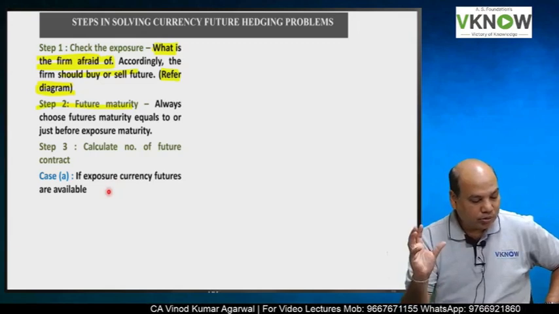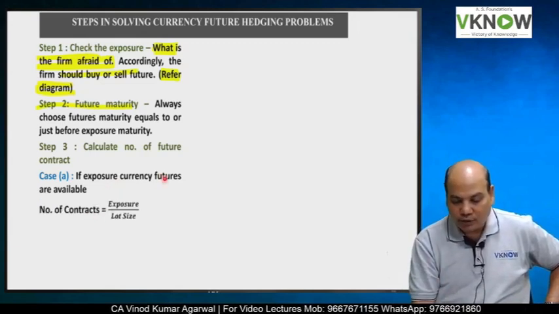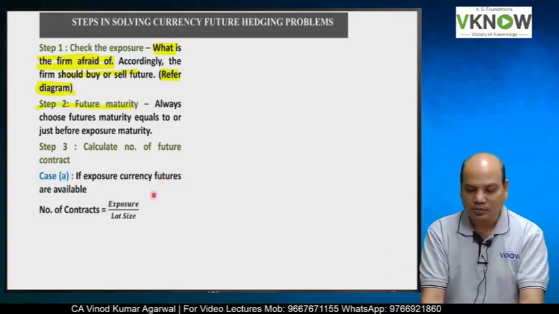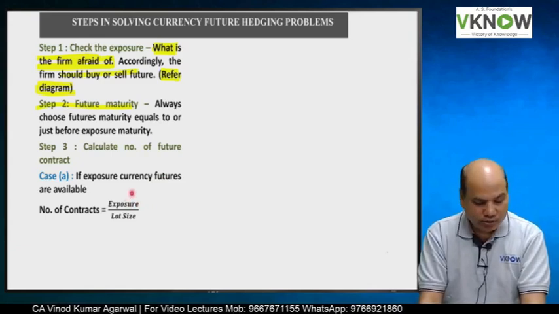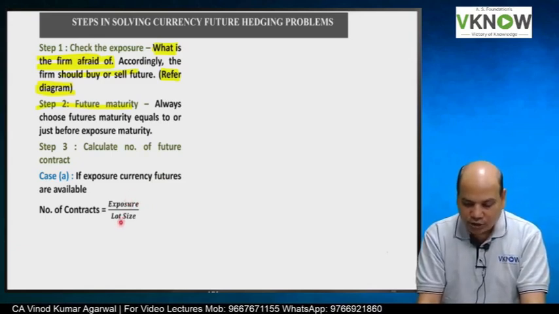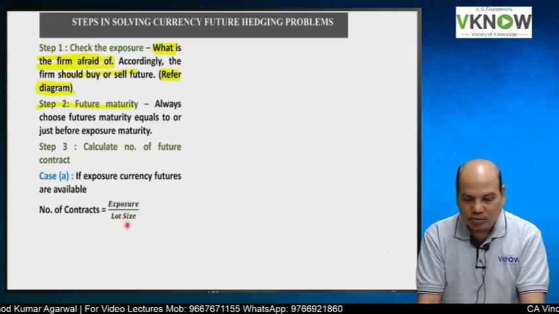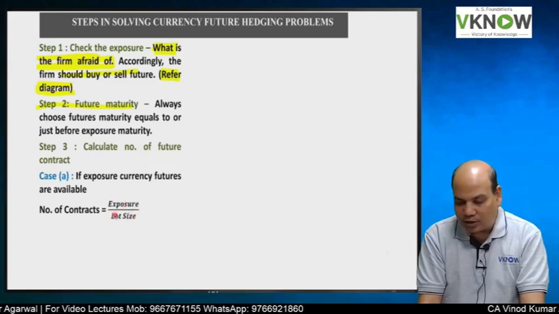We have to receive dollar. So in that case, if the future was also denominated in dollar, my life is easy. Exposure divided by lot size. Suppose this was 40 lakh dollar and the lot size is $10,000, then my life is easy.